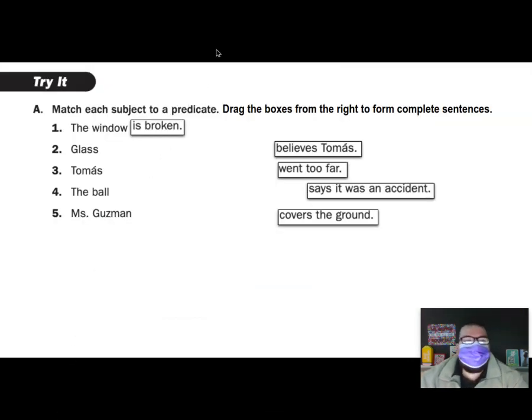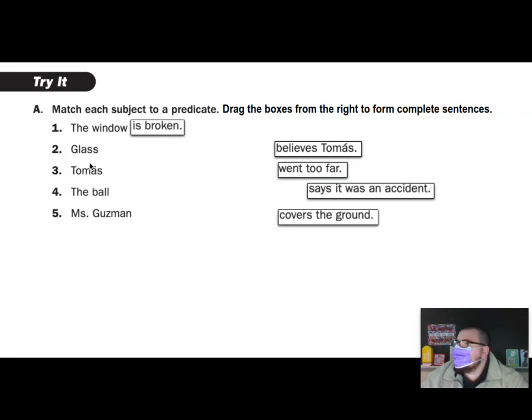So, match each word to a predicate. Drag the boxes from the right to form complete sentences. So the first one I did for you. The window is broken. So for number 2, glass. So glass is our subject. What is the predicate?